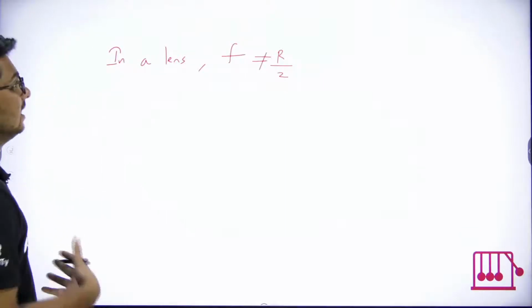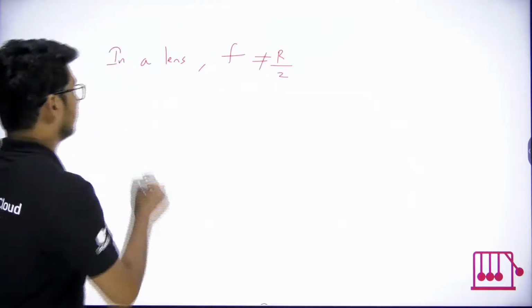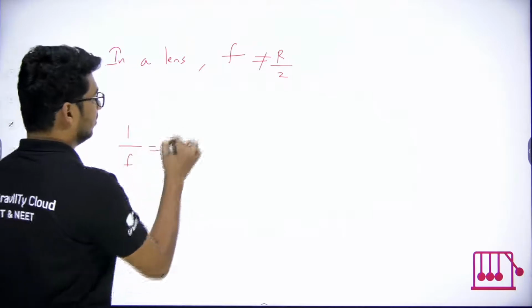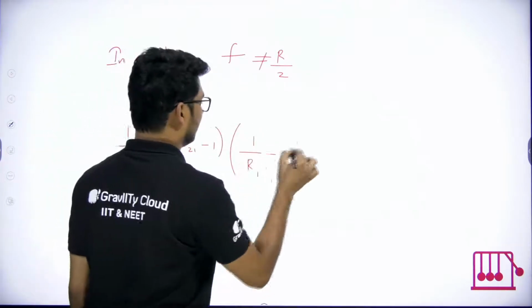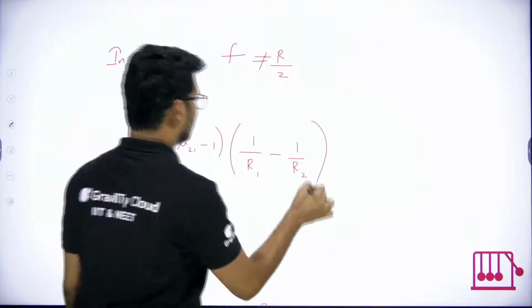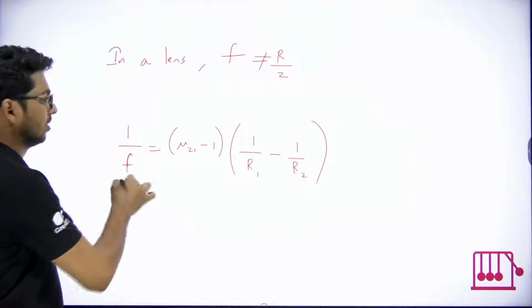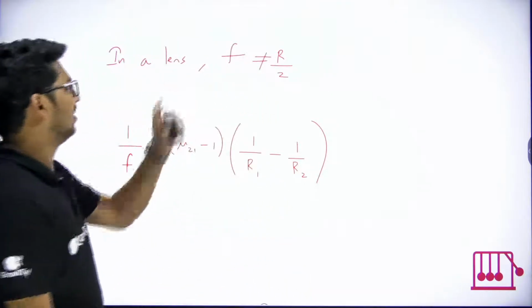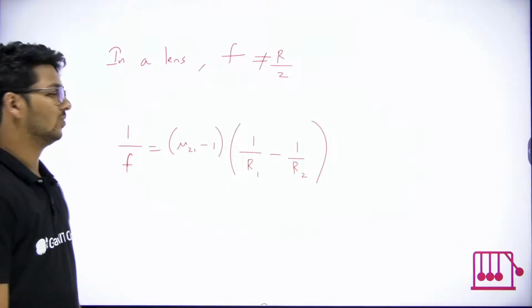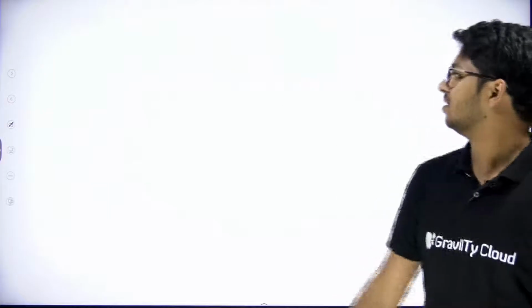We use the lens maker's formula to find the focal length. 1 by F is equal to mu 2 1 minus 1 into 1 by R1 minus 1 by R2. This is the lens maker's formula, which we use to get the focal length of a lens. Is that in any way equal to R by 2? No. Okay? Good. Next. Just a minute.